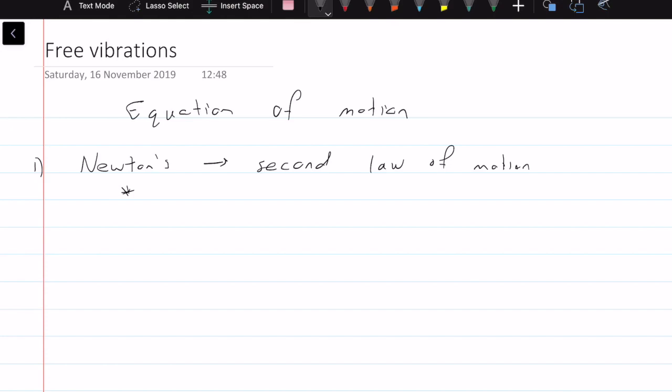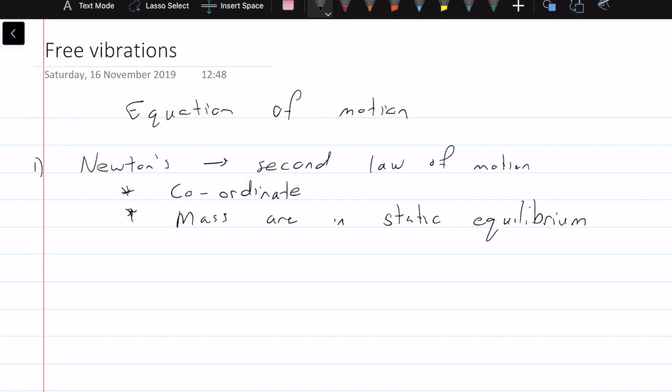First we need to select a coordinate system for our given problem. Then we need to do what we did in the last video and figure out if the masses are in static equilibrium. This is quite important.